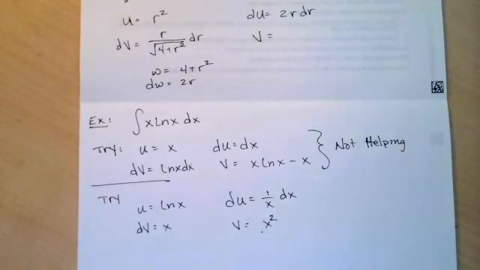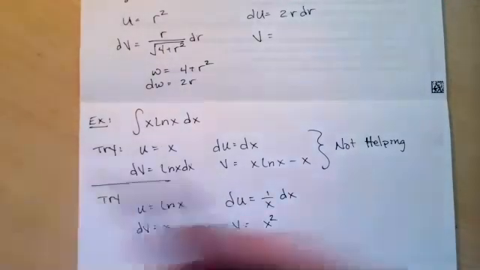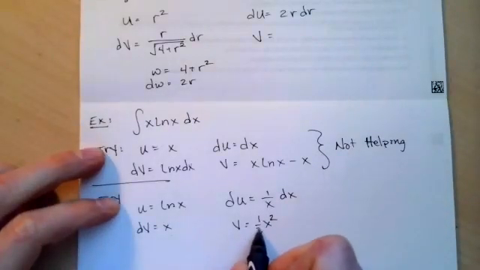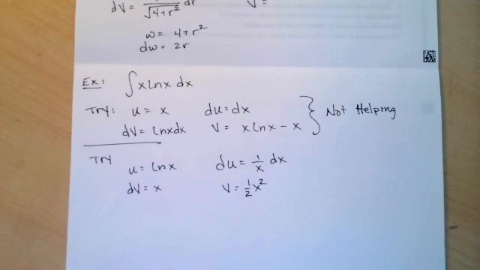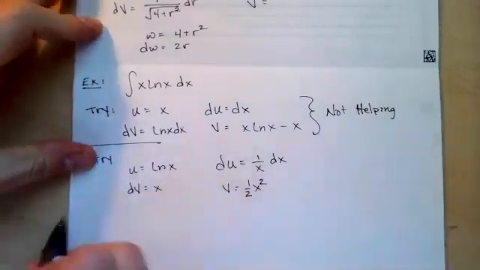Shouldn't v be x squared over 2? Yeah, sorry, I forgot my constant there. So try those on your own, finish those, and then let me know if you have any questions.